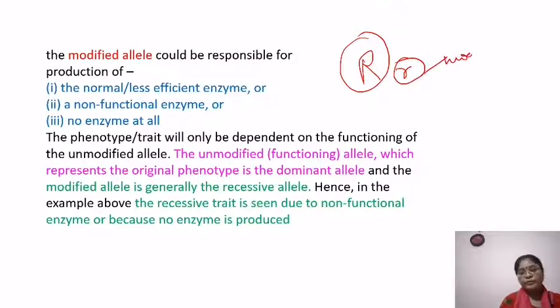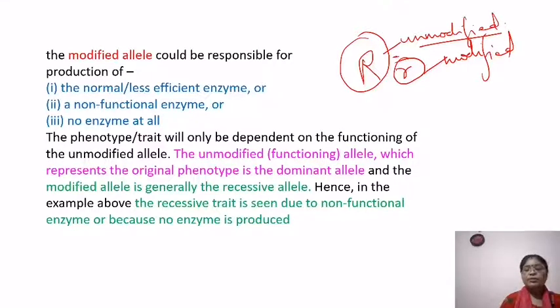This is the modified allele and this is unmodified. Now, why is the color pink? What is happening here is that this small r is not producing any enzyme at all. This color is due to pigmentation. The more the amount of enzyme produced, the more the pigmentation will be there.